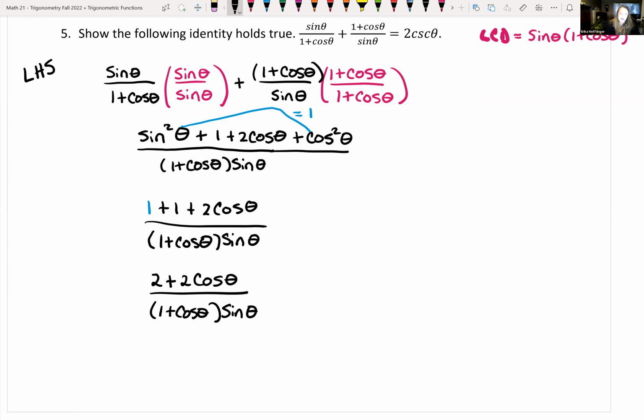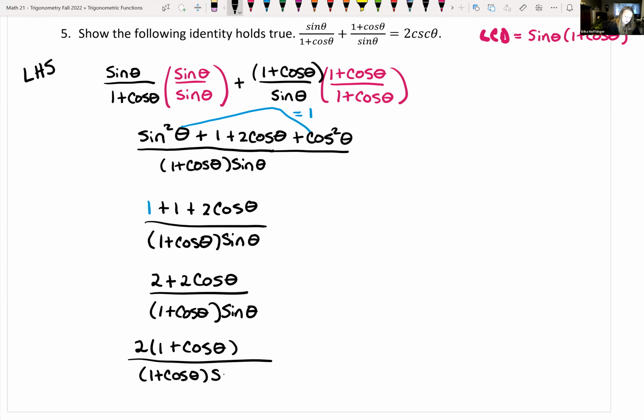I see we can factor out a 2 in the numerator. We factor out a 2, and we're left with 2 times the quantity 1 plus cosine theta, all over 1 plus cosine theta, that quantity multiplied by sine theta.